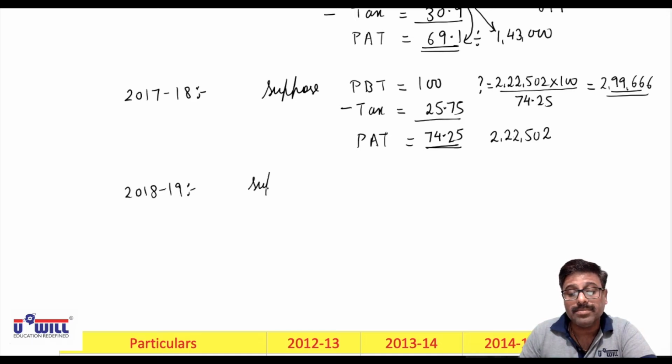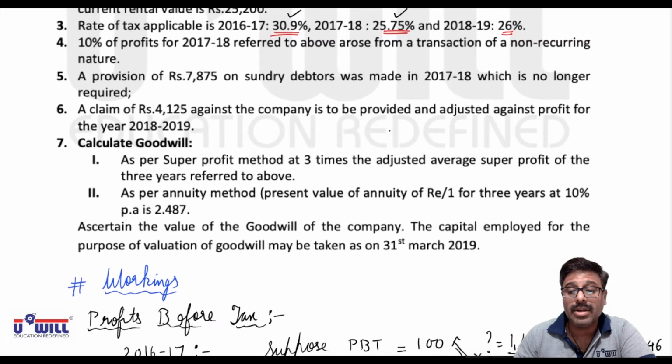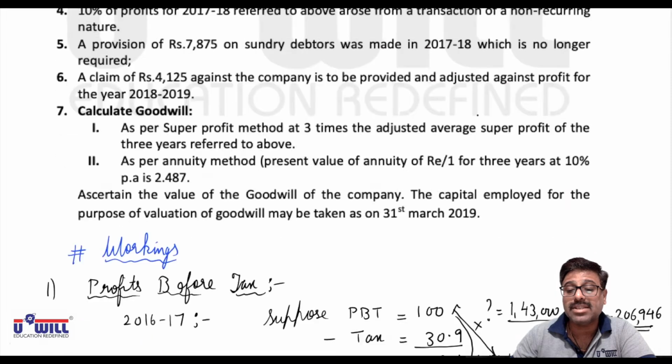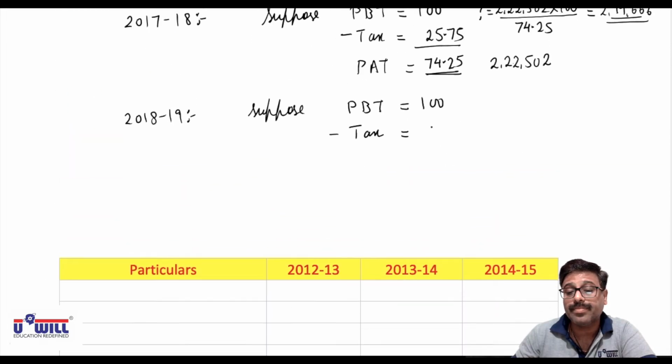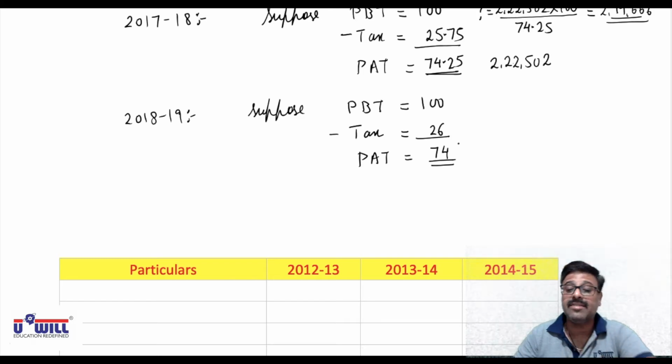Suppose profit before tax is equal to 100 minus tax. Now in 18 to 19 the tax rate is 26%. So profit after tax will be equal to 74. 100 minus 26, 74.